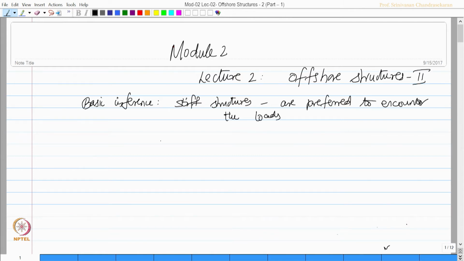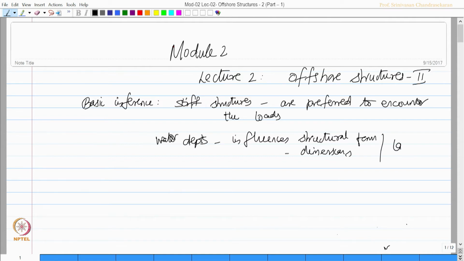We also understand that water depth influences the structural form, member dimensions to a larger extent.